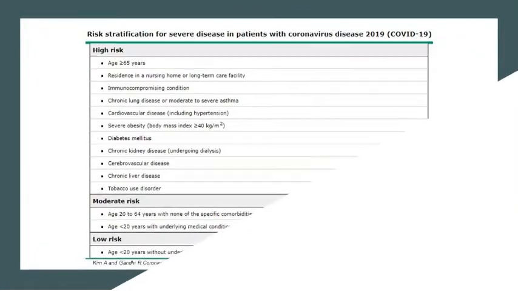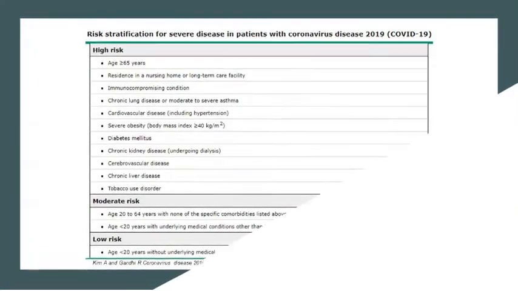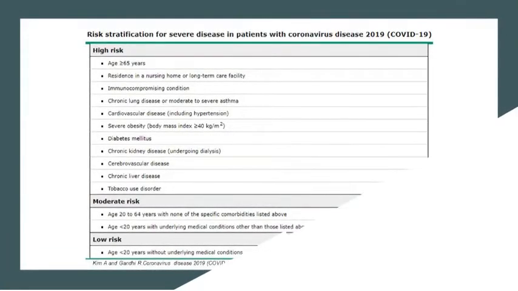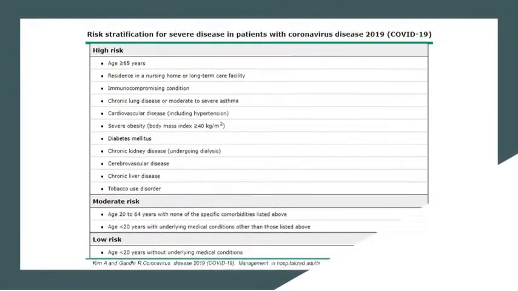Moderate risk is for people between 20 years and 64 years, or if age is less than 20 years with underlying medical conditions. The low-risk people are those under the age of 20 without any underlying medical condition.